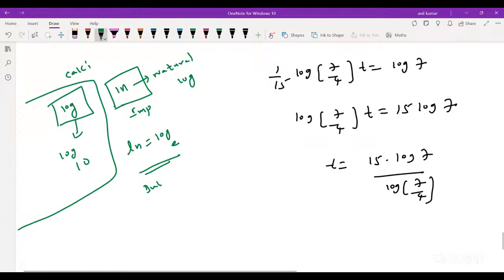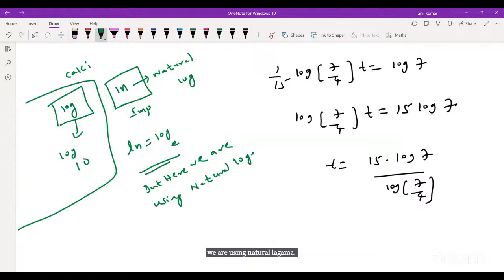But here, in this Newton's law, we are using the natural logarithm, that is logarithm base e. And t equal to 15 log 7. Here the base is e, not 10.